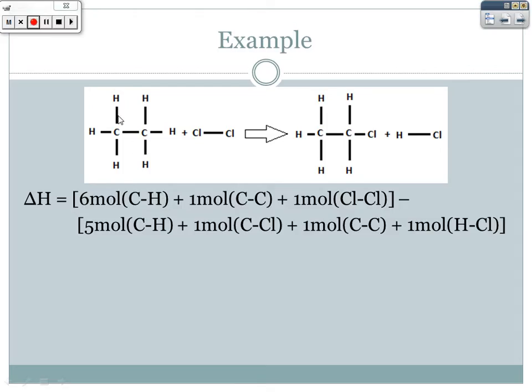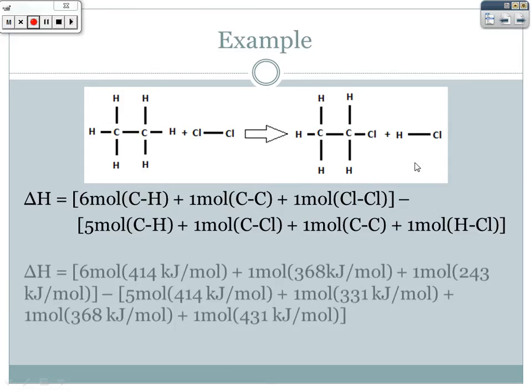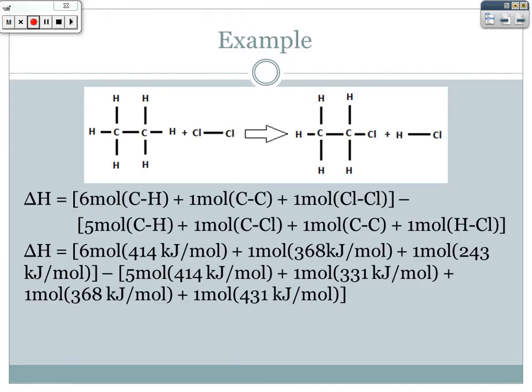I have to break 1 carbon-carbon bond and 1 chlorine-chlorine bond. And then I'm going to make 1, 2, 3, 4, 5 carbon-hydrogen bonds, 1 carbon-carbon bond, 1 carbon-chlorine bond, and 1 hydrogen-chlorine bond.